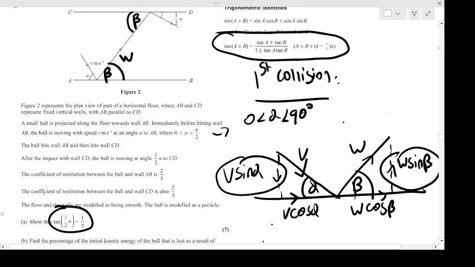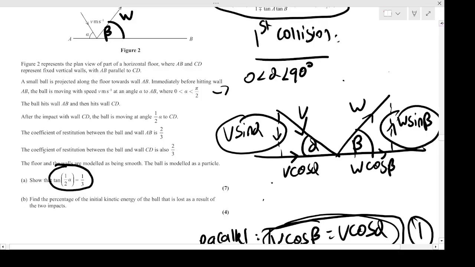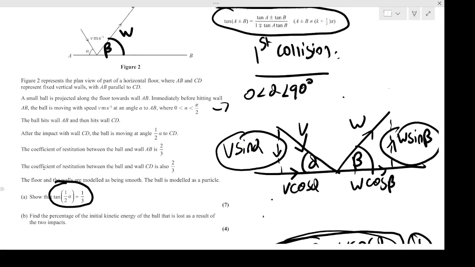Again, I've done that for a reason, right? So if tan of a half alpha is a third, well, you might be familiar with, for example, from other chapters, we can use angles. If we have tan of an angle, we can find sine and cos, can't we?